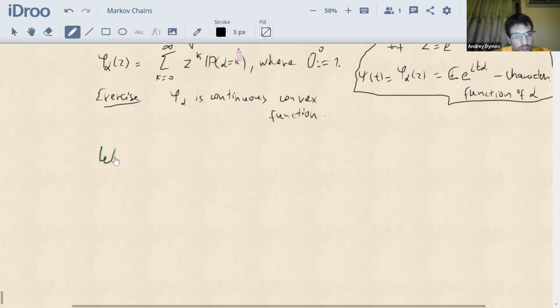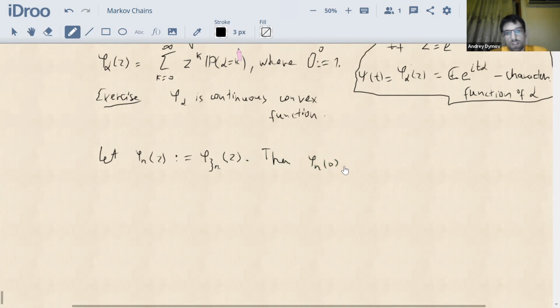So let us denote by phi n of z the generating function of my random variable psi n, which, I recall, is the size of the generation at the moment of time n. Then look, what is phi n of 0?